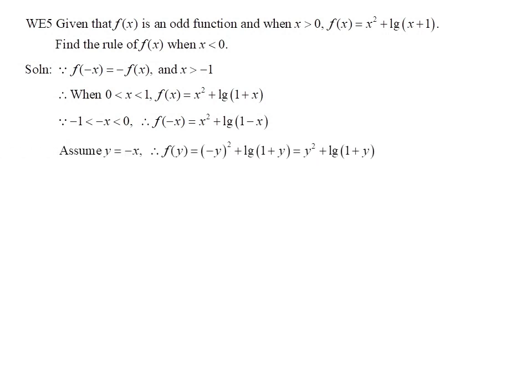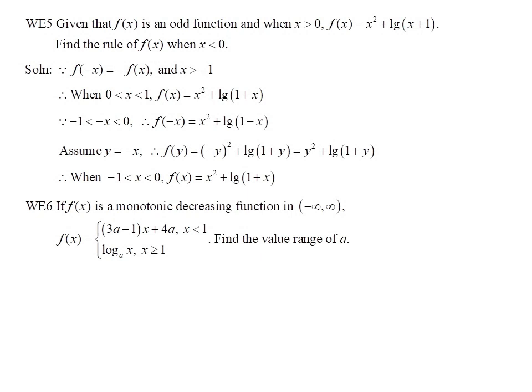If we assume y equals negative x, then f(y) equals y squared plus common logarithm of 1 plus y, which is equivalent to f(x) equals x squared plus common logarithm of x plus 1. Hence, when x is between -1 and 0, excluding both endpoints, f(x) equals x squared plus common logarithm of x plus 1.